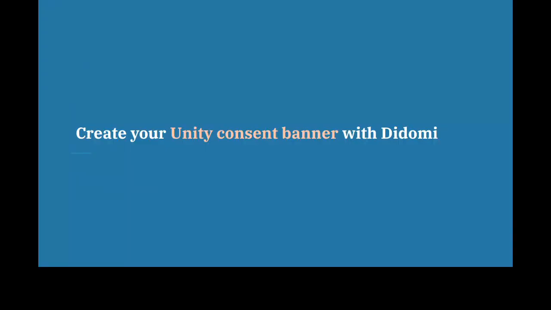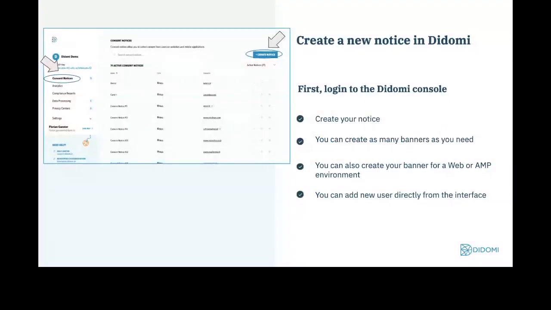So to jump right in, Charlotte is going to tell us more about how to create a Unity consent banner with the Didomi console. Thanks, Jawad, for this introduction. So yes, I'm going to show you how to create your Unity consent banner directly in the Didomi interface.